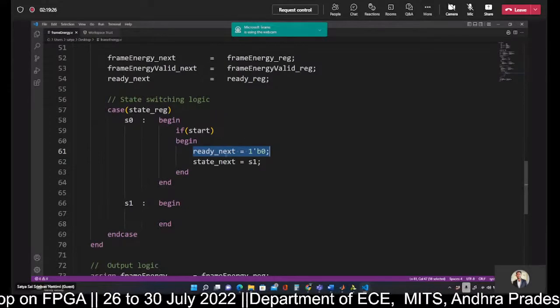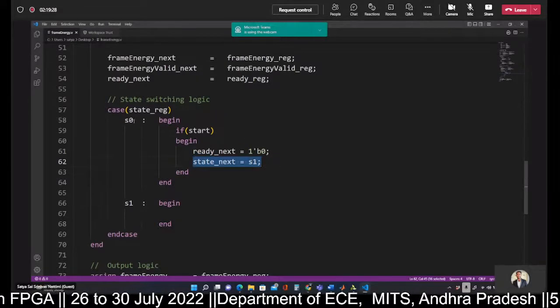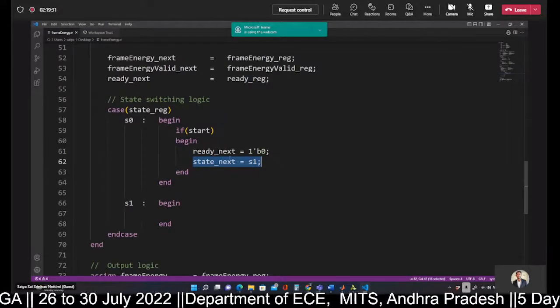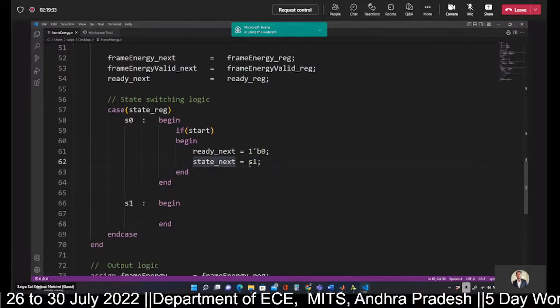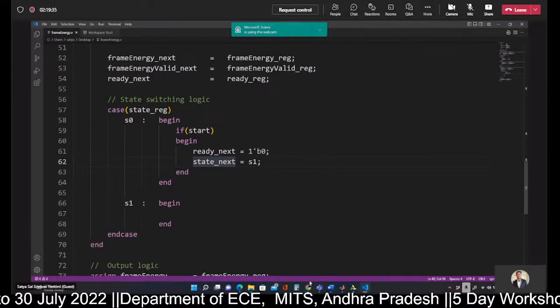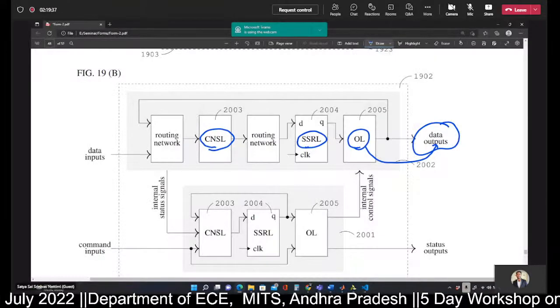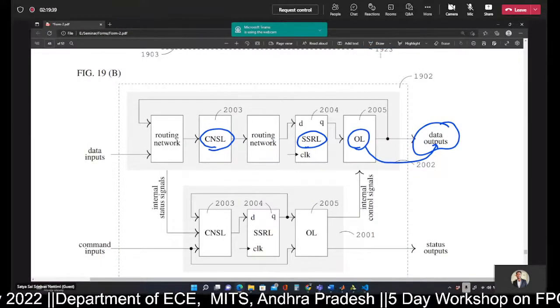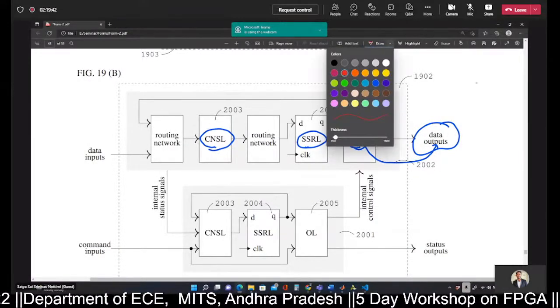So now you made ready next to be 0. On arrival of the next clock edge, what will it do? FSM switches from S0 to S1. Why? Because state next will become state reg. See, the state and the next state logic you are defining, right?